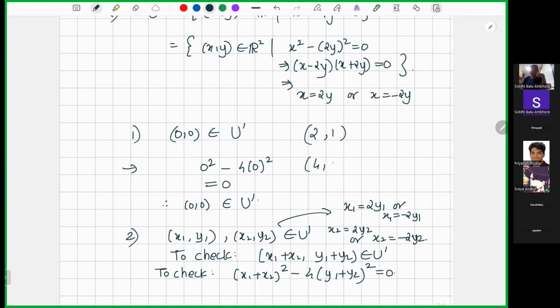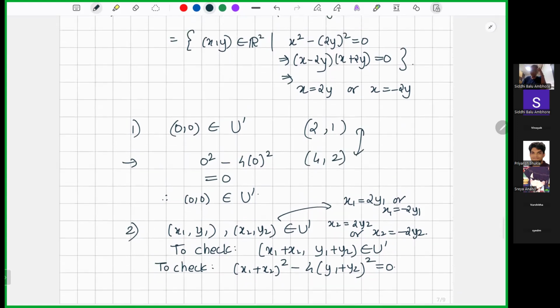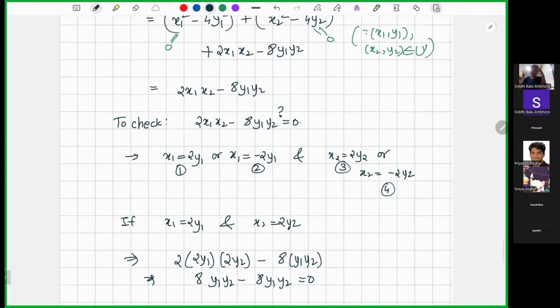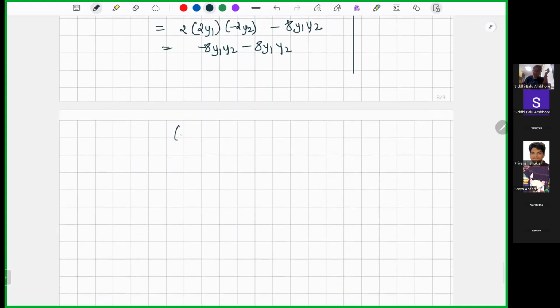So if I take 4 and 2 and then add, let us check whether this 2 comma 1 plus 4 comma 2 belongs to that set.